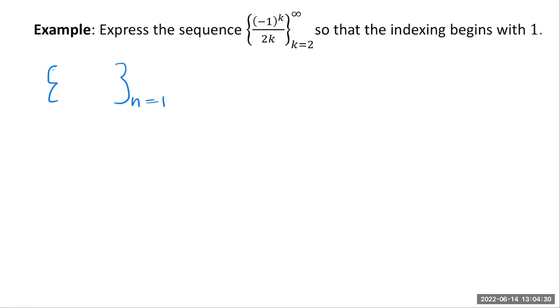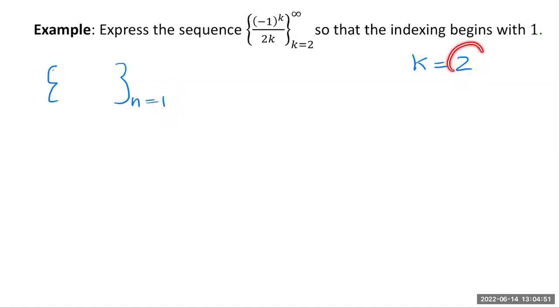You always start with the given indexing. The given indexing is k equals 2, right? So let me write that equation here. k equals 2. I want 1 on the right hand side of this equation because my starting index has to be 1.